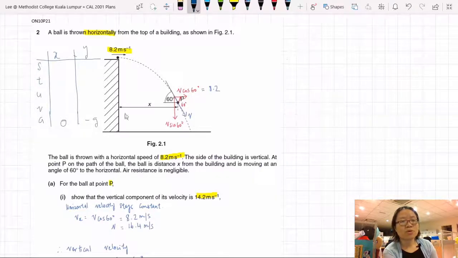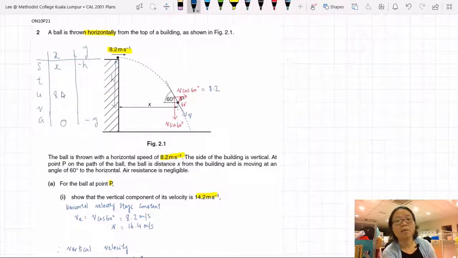Horizontally, no acceleration. Vertically is negative g, as mentioned before. We're going to take point P as your endpoint. So horizontally, it would have traveled X, and vertically, it would have traveled H. If I take downward as negative and upward as positive, H and g should have the same sign because the ball is at a lower position, so negative.